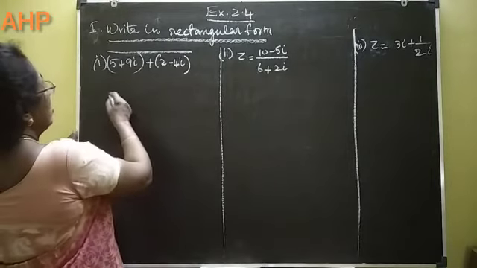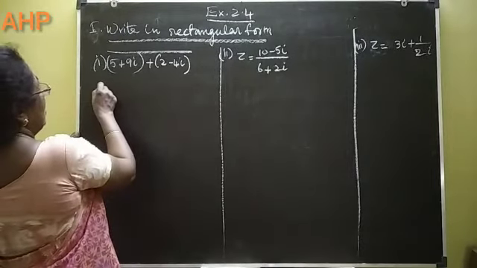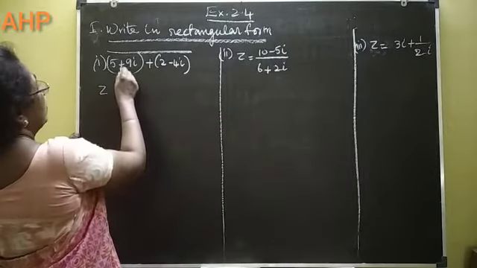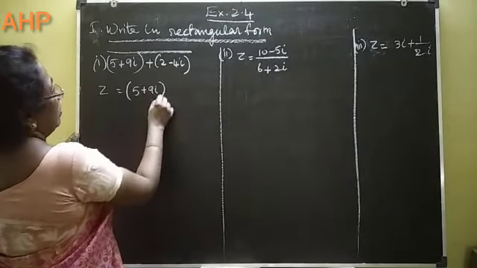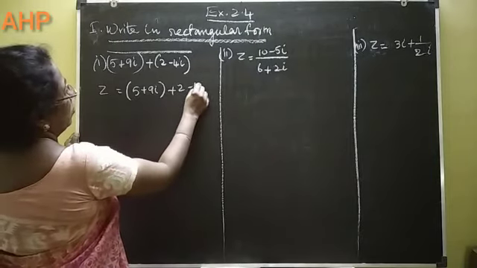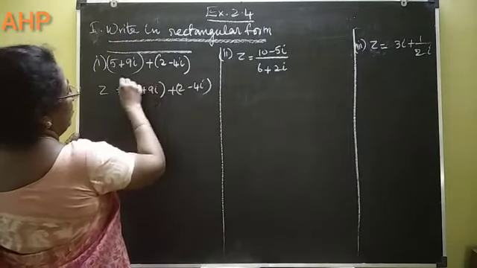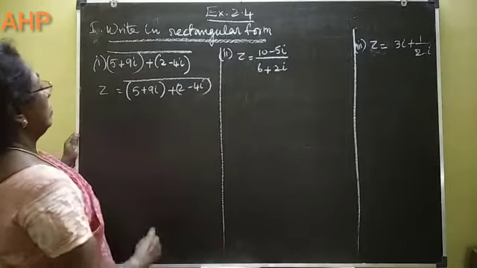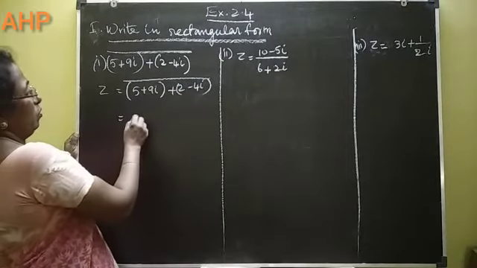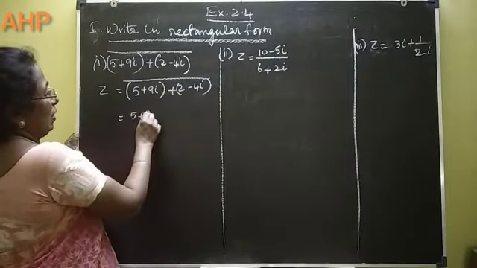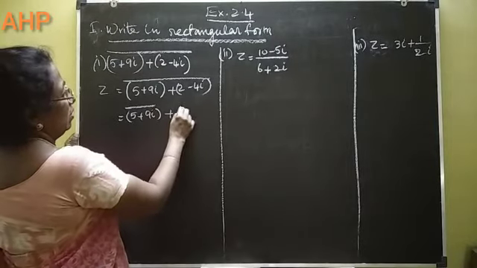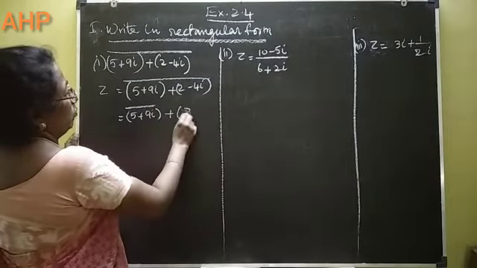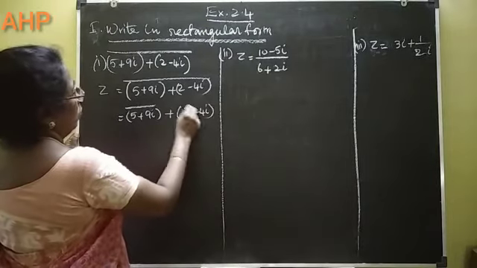So let us assume z is equal to 5 plus 9i plus 2 minus 4i the whole bar. Now this is equal to 5 plus 9i whole bar plus 2 minus 4i the whole bar.